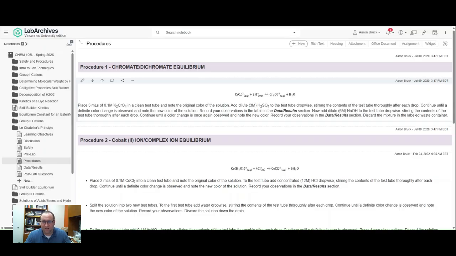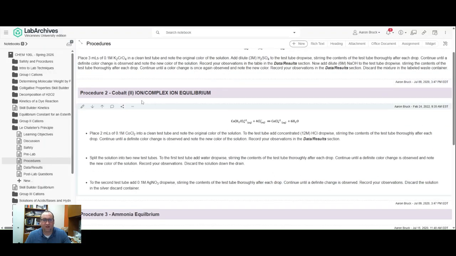Dichromate, on the other hand, is a brighter orange color. With the equilibrium here, if we increase the acidity, increase the amount of hydrogen ion present in that solution, we should see a shift from the yellow chromate to the orange dichromate. That's what we're looking to observe in this reaction.